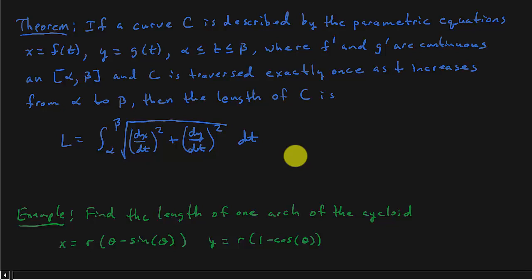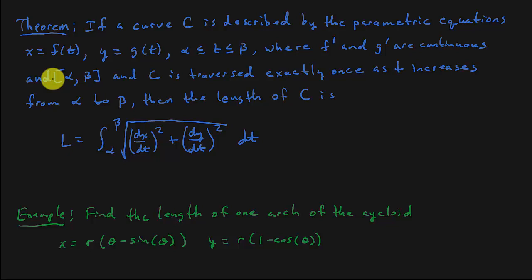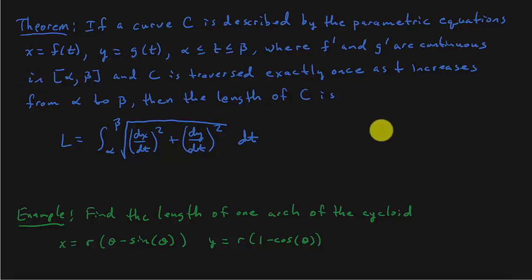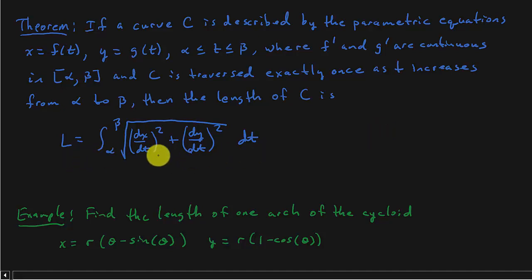If a curve C is described by the parametric equations x equals f of t, y equals g of t, t between alpha and beta, where f prime and g prime are continuous in the interval alpha to beta, and C is traversed exactly once as t increases from alpha to beta, then the length of C is this.